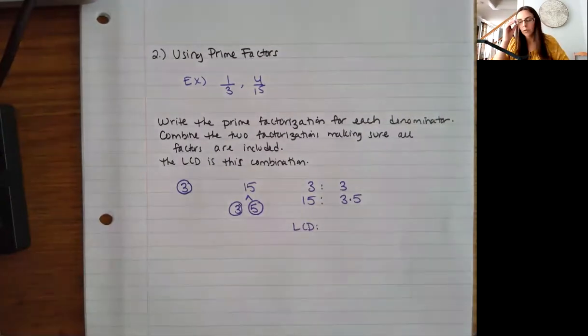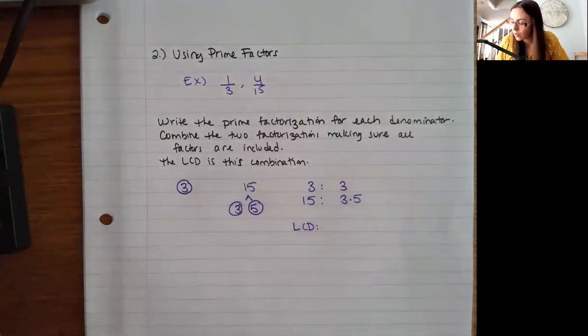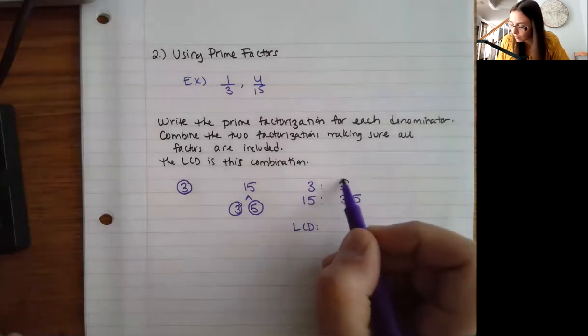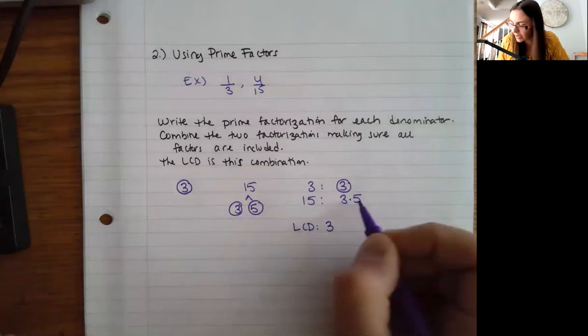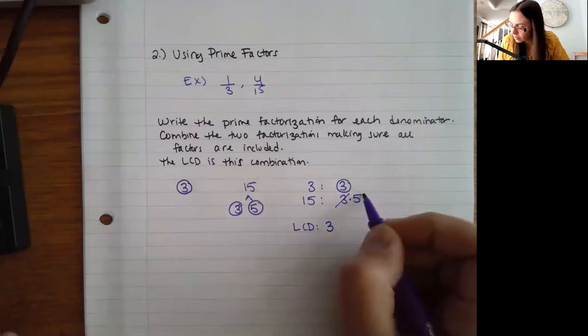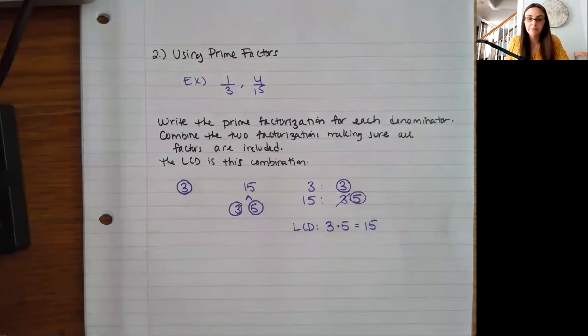So usually what I do is I'll take one group first, and then I'll add in whatever's missing. So if I take my first group, I see that I have the 3 here. So I'm going to incorporate the 3. Now for 15, I already have a 3, but I already have it included, so I don't need to write it again. But I do have a 5. So our LCD is going to be 3 times 5, which is 15.